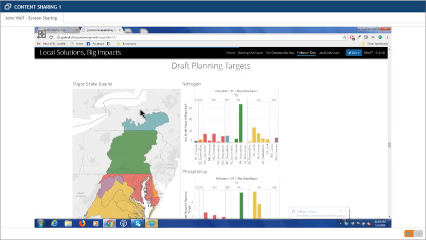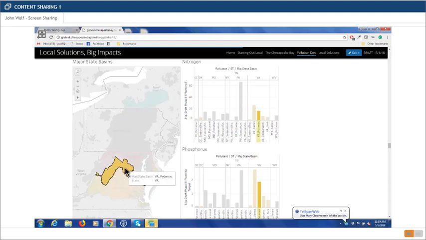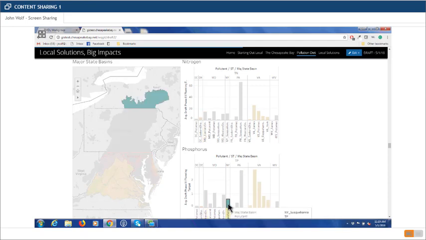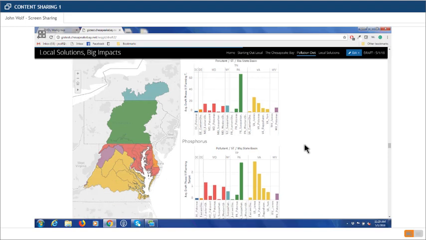So continuing on with the planning targets idea, this is a little graphic that shows the relative impacts or the relative roles of different watersheds or the major state basins in terms of the nitrogen and phosphorus pollution diet by basin. So this is a draft of the Phase 6 planning targets, and the user can just scroll over different areas to explore their area of interest in more detail.